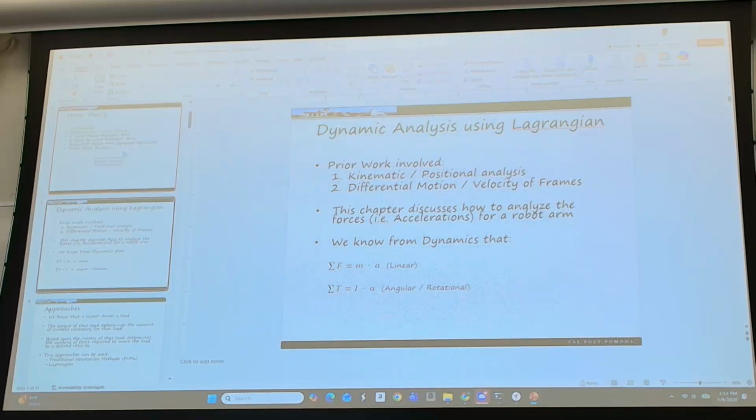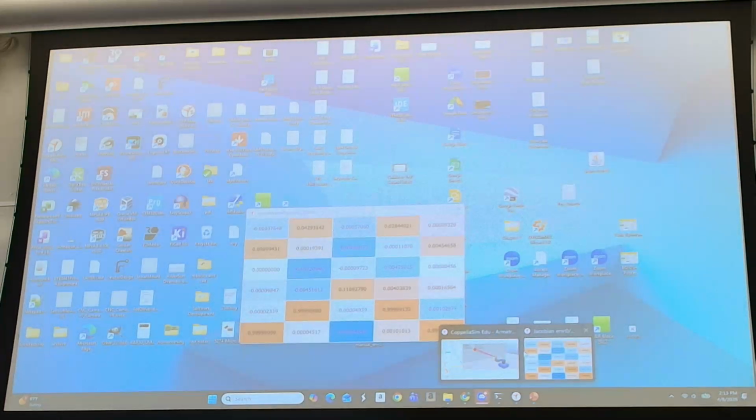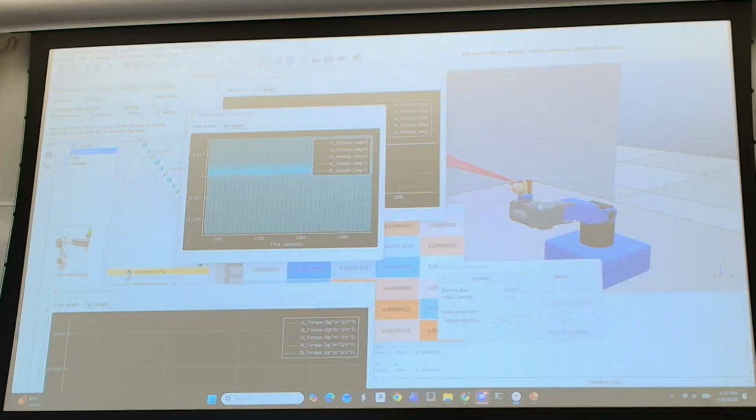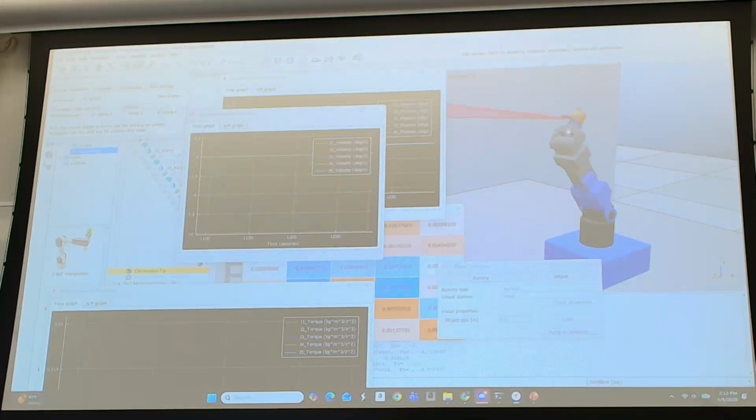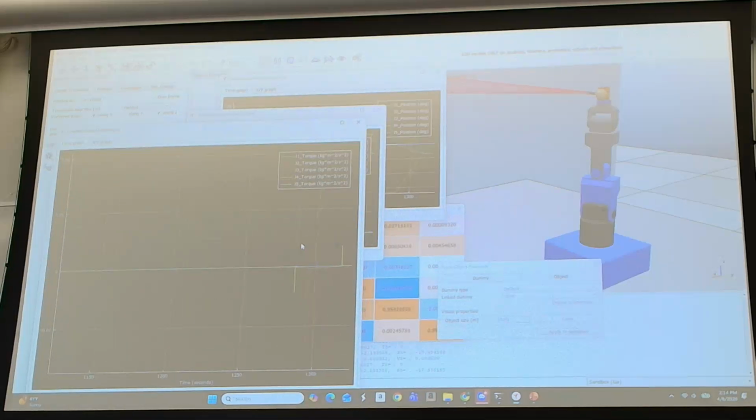If I want that to move very fast, that we saw in Coppelia, we're going to see high torques imposed upon that particular joint. In fact, we could see it right here in joint 2. That was really taking the bulk of the work.